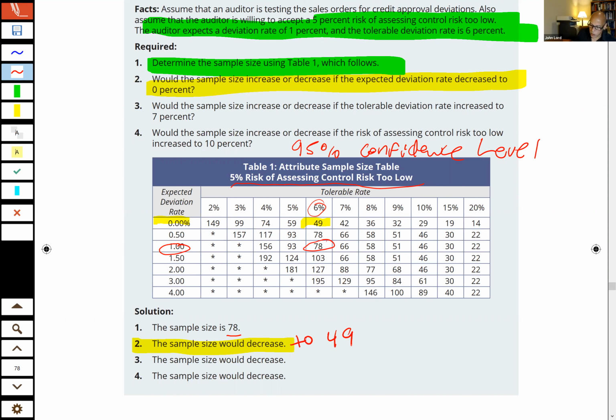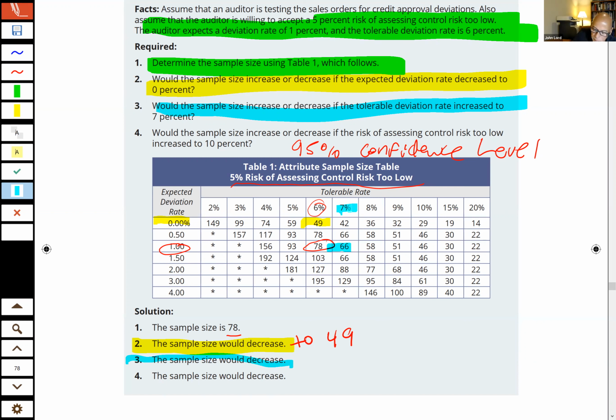Okay, good. Then they ask, would the sample size increase or decrease if the tolerable deviation rate increased to 7%? They tell us the sample would decrease, but let's just play with it. We were over here at 78. We come over to the 7% tolerable deviation rate.